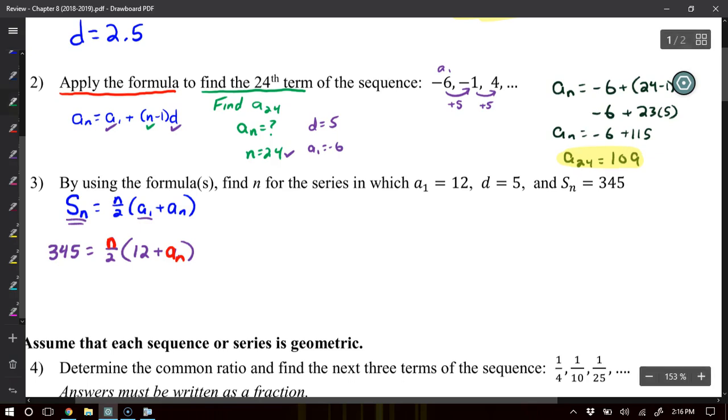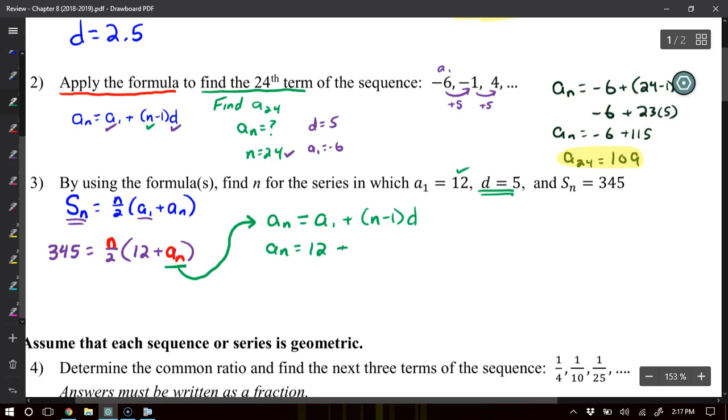I know there's another formula, especially since I'm given the difference. So we're going to look at this. There's a formula that deals with this. Our sequence formula says a sub n equals a1 plus n minus 1 times d. If I look at it, I know my first term is 12.